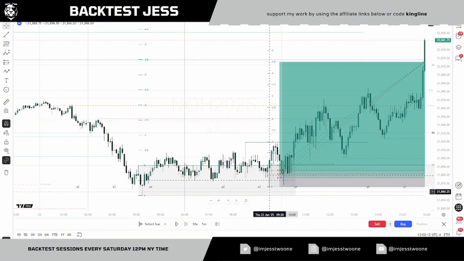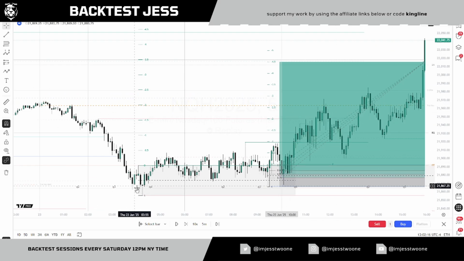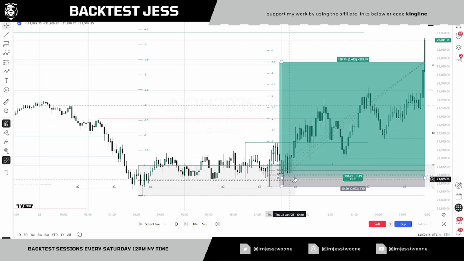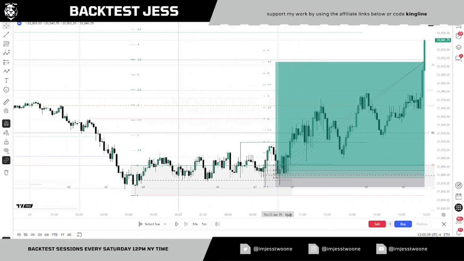So 9:30 reversal, 10 a.m. continuation. We technically have a London reversal here, and then a 9:30 continuation, 10 a.m. continuation. And it's all happening at EQ and OTE of the previous day.